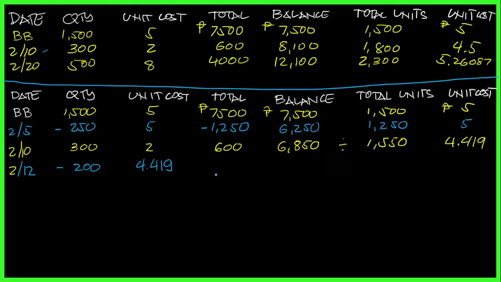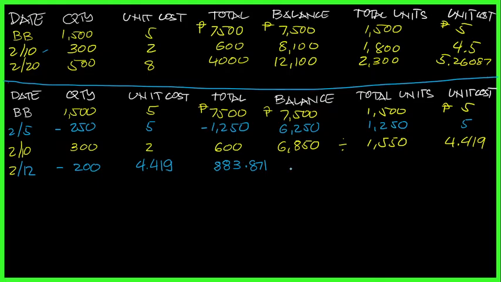Okay, if you multiply that times 200, it's 883 point... 871 na lang. 871. Okay, so what is now the balance?